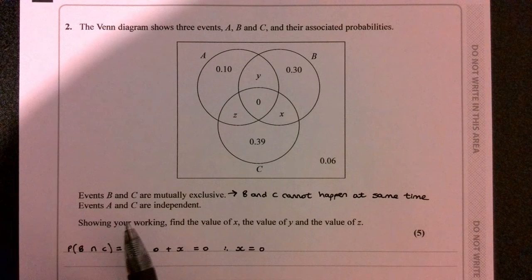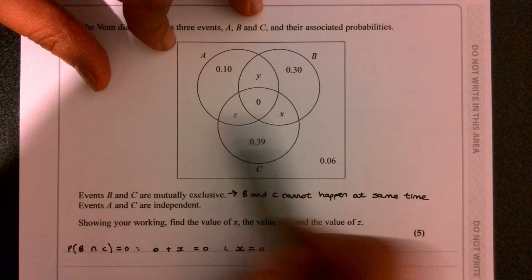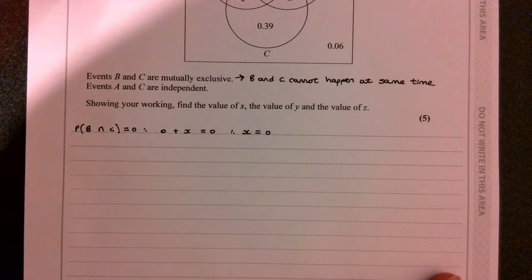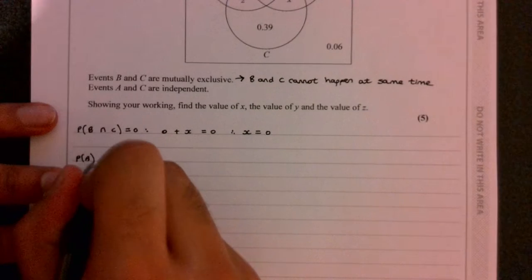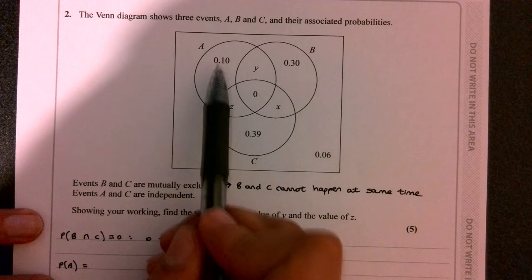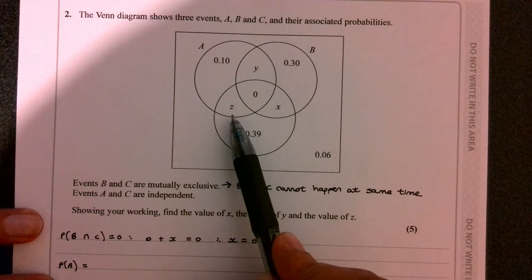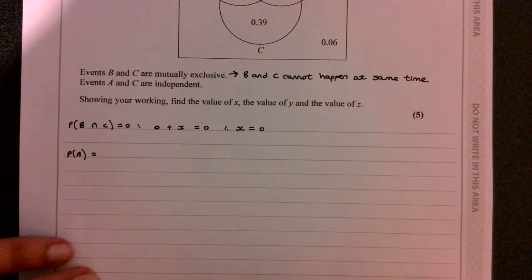Now, we can also find over here the probability of A, the probability of B, and the probability of C. So let's do that. The probability of event A, if we just take a look at the Venn diagram, we have this 0.1, this Y, this 0, and this Z. All these added together gives the probability of A. So let's just write that down.